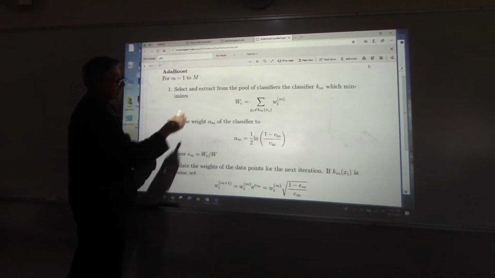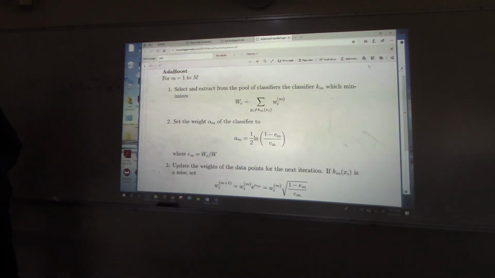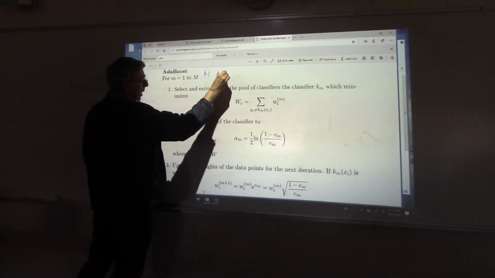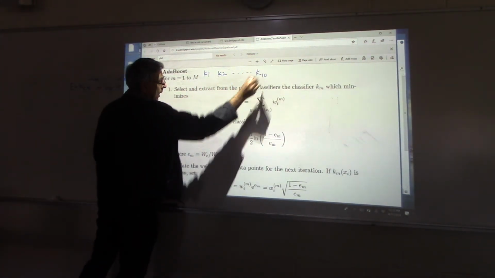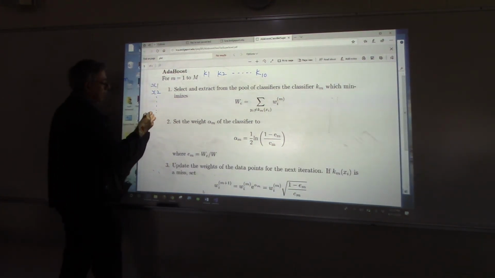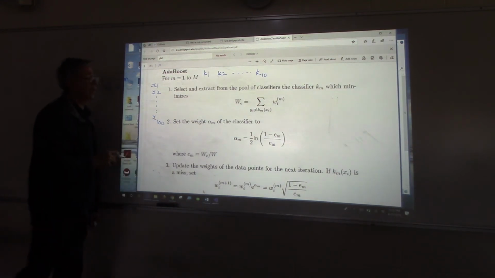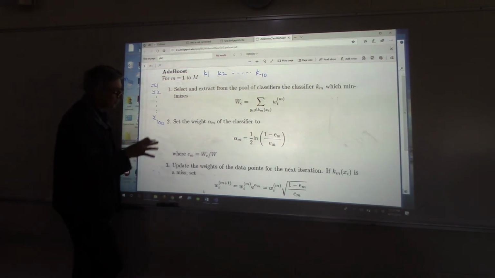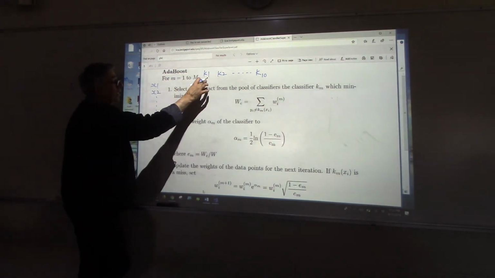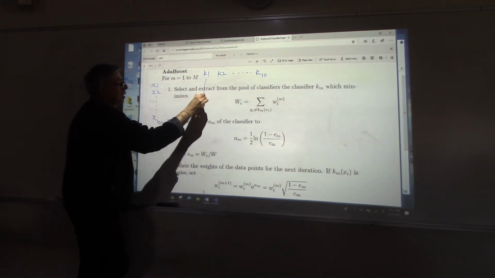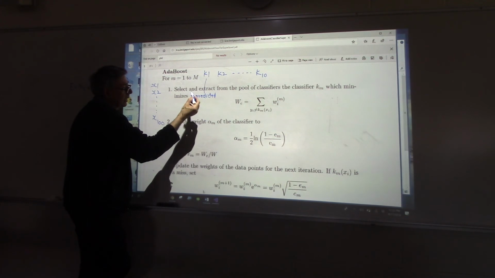Okay, so let's pretend, so that everybody sees how this algorithm will work, we are given 10 classifiers, K1, K2, up to K10, right? We are given 100 training data, for which we already know the expected output. Let's pretend K1 predicted, let's say, 30 correctly.